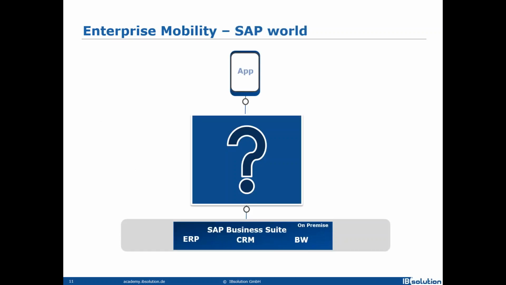And this architecture picture is from the SAP world, but it doesn't matter what is on the bottom. The question is, how do I do that? How do I provide my data to the application in a secure way?